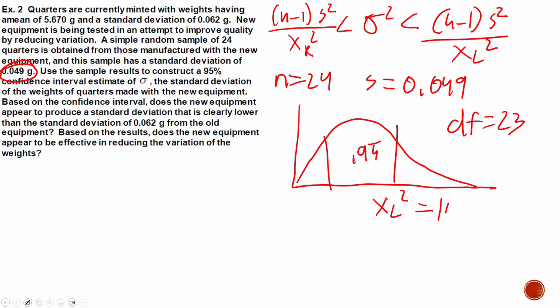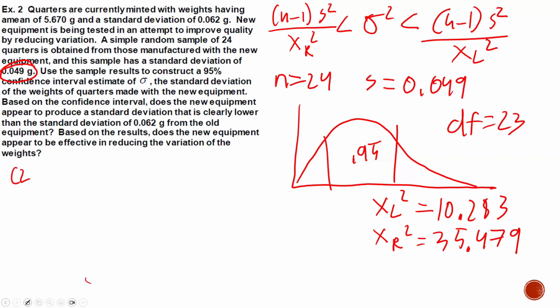X squared L is 10 point. Oh, okay. But everything else, hopefully you did. So then it's 23. Then you can put the whole thing in the square root if you want, right? So I'm going to do it like this.